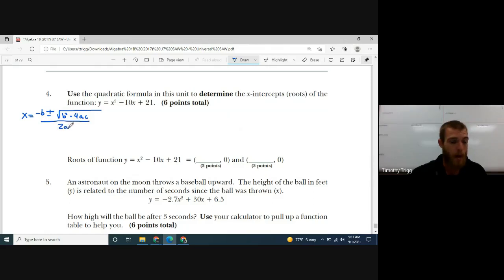I know it looks complicated, but it's not too bad. When you see letters up against each other like that, that means they're multiplied. So negative 4ac means negative 4 times the value of a times the value of c. Down here, 2a means 2 times a.